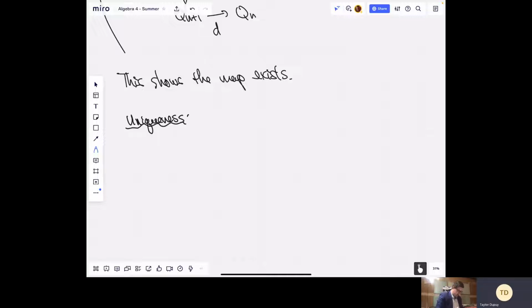Okay, so again, we're going to suppose that there exist two maps.